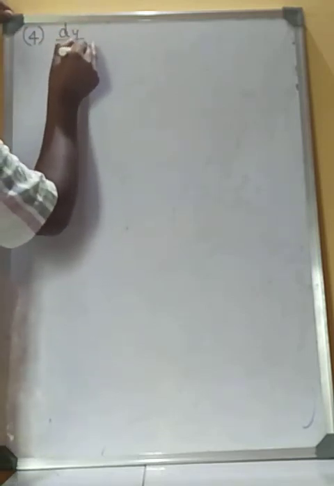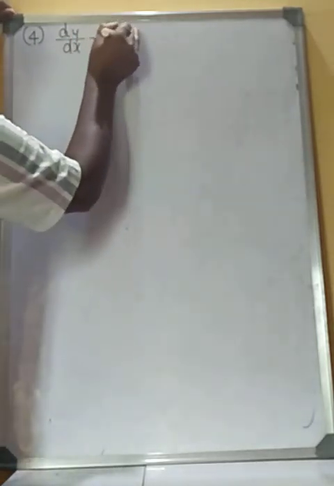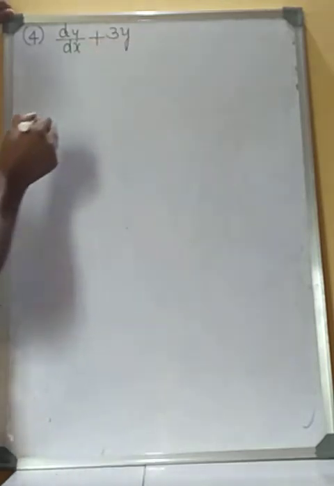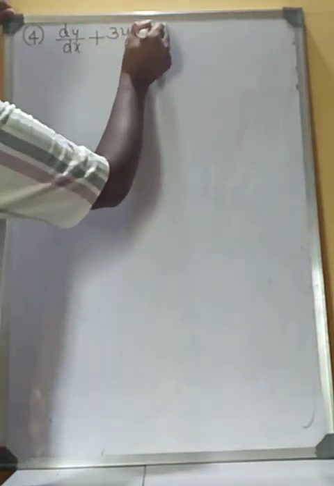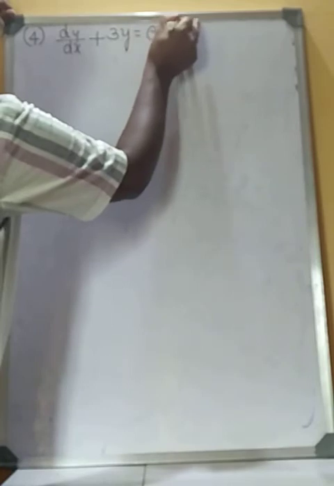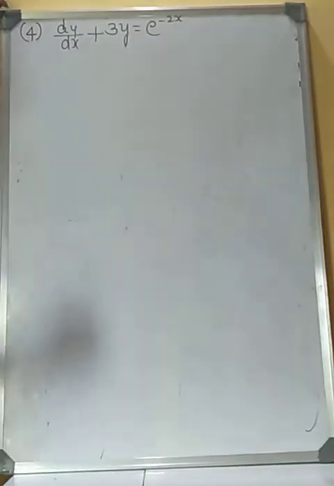So now example 4. Find the general solution of the differential equation dy by dx plus 3y equals e power minus 2x.